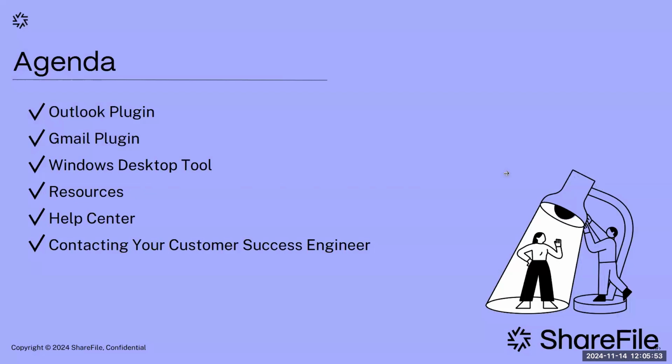All right, let's get to the agenda. Today we're going to focus primarily on three of our most popular applications. First is our Outlook plugin. Just to throw this out there right off the bat, we have two flavors of it. We have a local version, which is what I'm mainly going to talk about today.